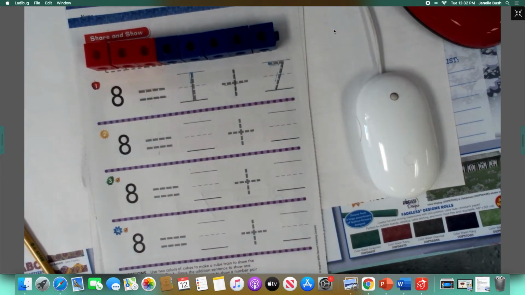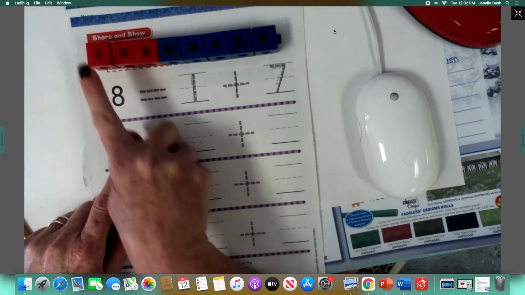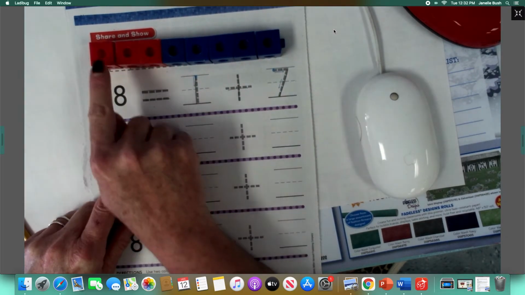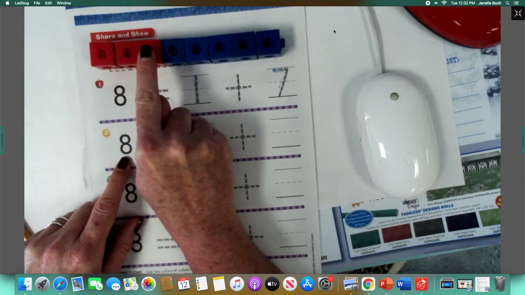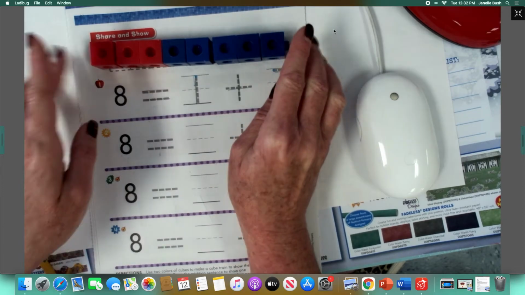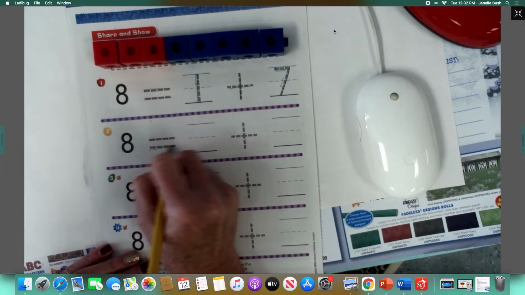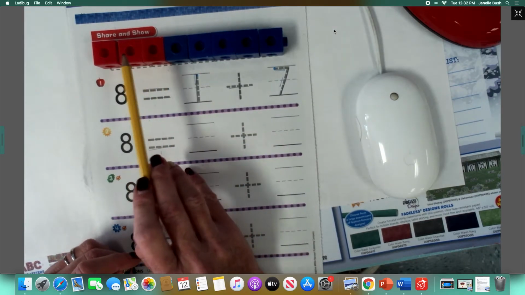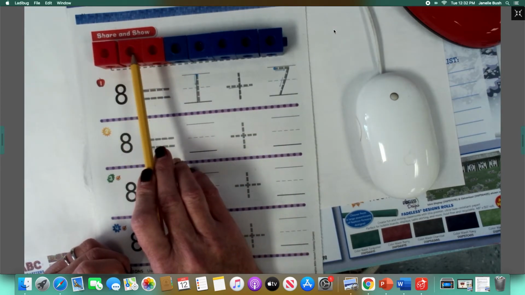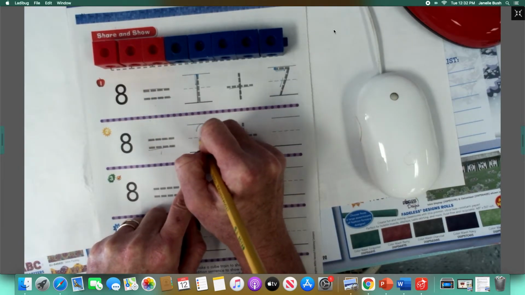So we start off on number 2 with the number 8. Let's count and make sure that Miss Janelle has 8 cubes here. Ready? 1, 2, 3, 4, 5, 6, 7, 8. And yes, I have 8 cubes, so 8. Trace your equals. How many red cubes do we have? Let's count. 1, 2, 3. Good job. So in this blank right here, you're going to write the number 3.